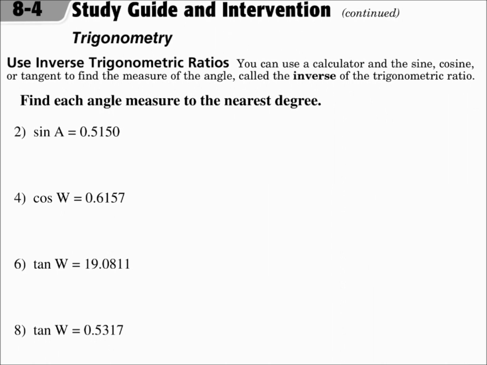You can use a calculator and the sine, cosine, or tangent to find the measure of an angle, called the inverse of the trigonometric ratio. When you use a calculator, make sure that your calculator is in degrees, not radians.